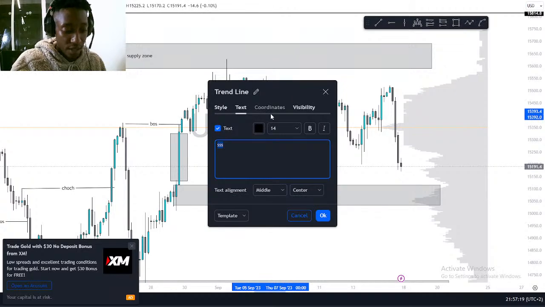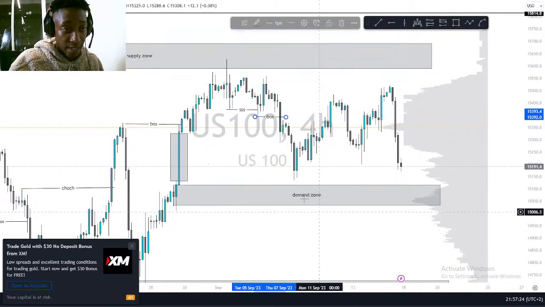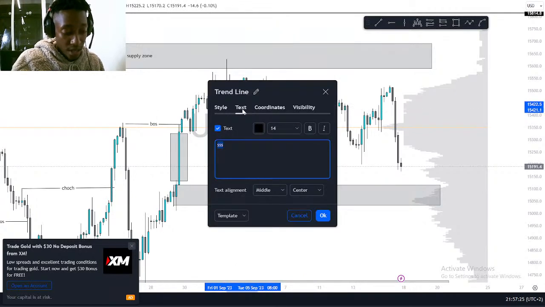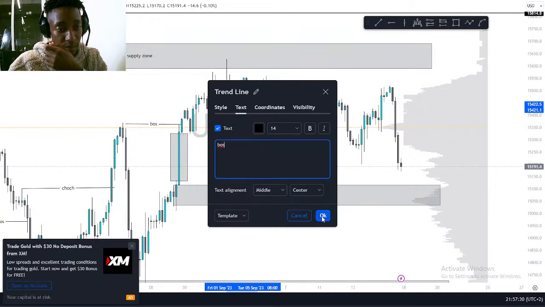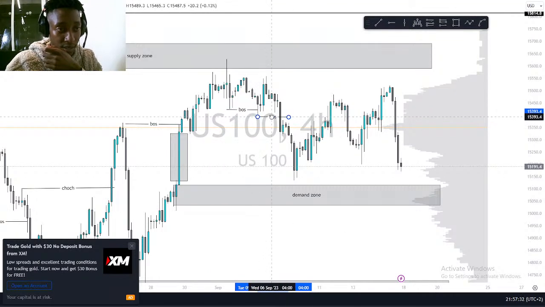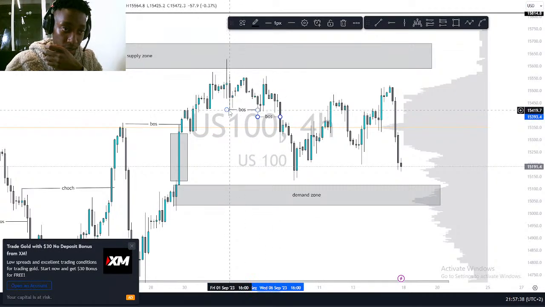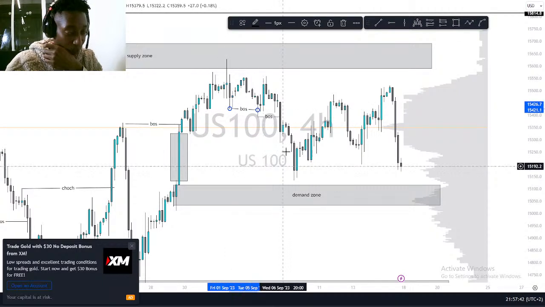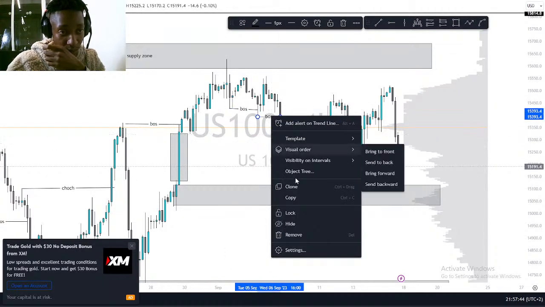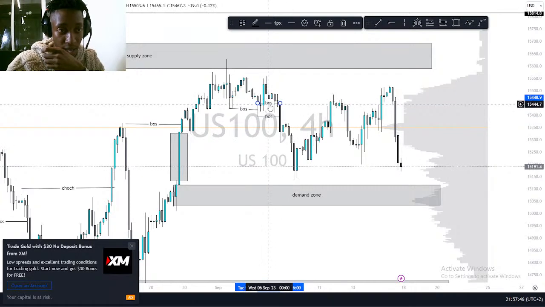This is a break of structure, BOS. It's a BOS, and this one is also a BOS. That's a break of structure. Understand? That's whenever we want to see the market was breaking structures to the downside, meaning the market was bearish. And then we also have our last BOS here.